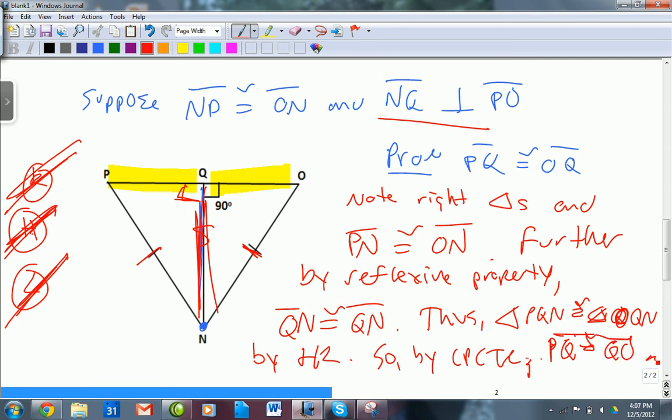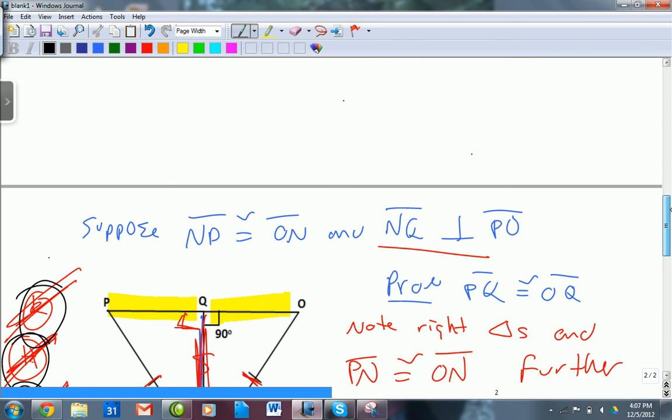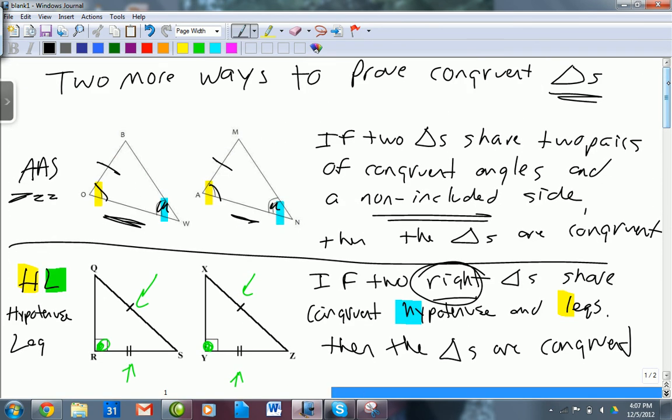That got a little messy there, apologize for that, the pen's not cooperating with me. So that's HL. We have two new ways to show congruent triangles. HL really requires three things: right triangles, congruent hypotenuses, congruent legs. Or angle, angle, side, which is similar to angle, side, angle, but we don't have the included congruent side, so a non-included congruent side. Okay, thanks for listening.